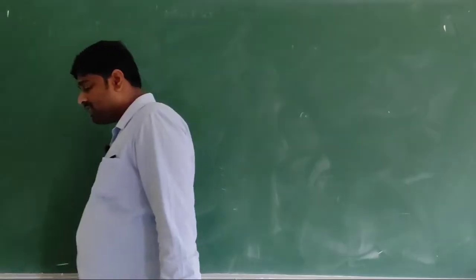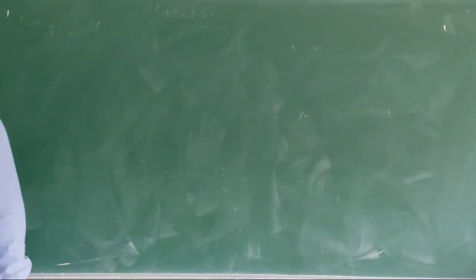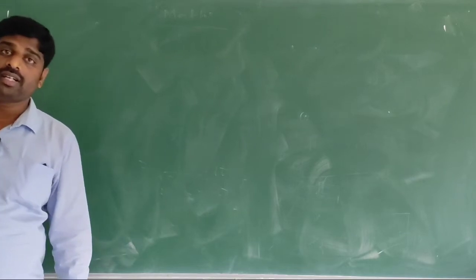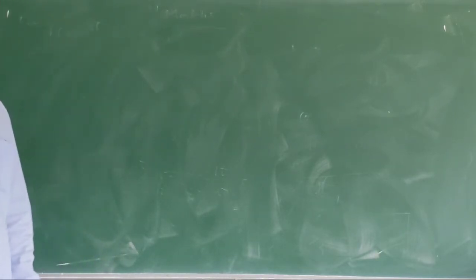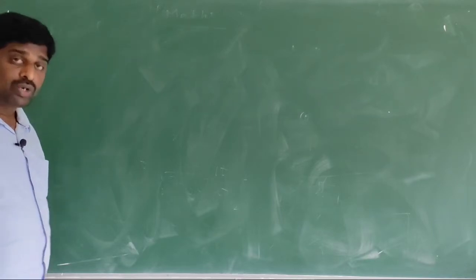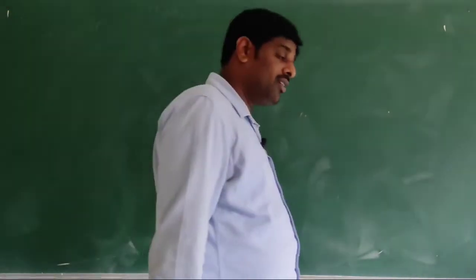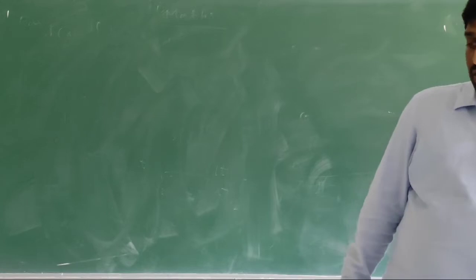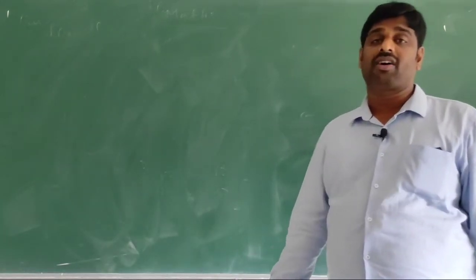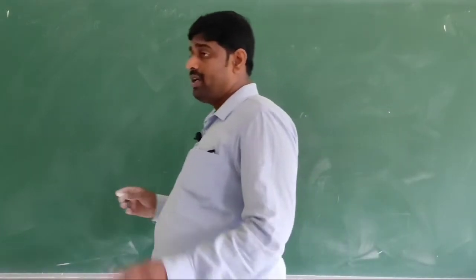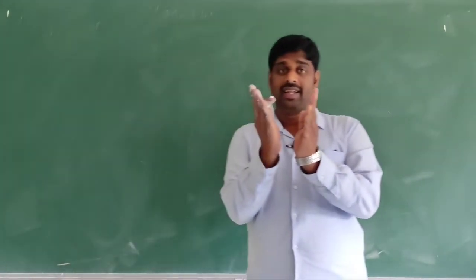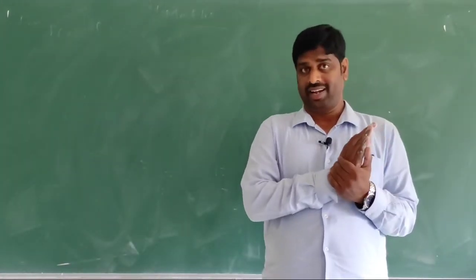In the derivatives, you studied the first principle of differentiation, that is the derivative of sin x, cos x, tan x, cosecant x, secant x, cot x, the product rule, the quotient rule, the derivative of a polynomial, the derivative of any term, and the derivative of a constant. These concepts you studied. But differentiation is different, and differentiability is different.